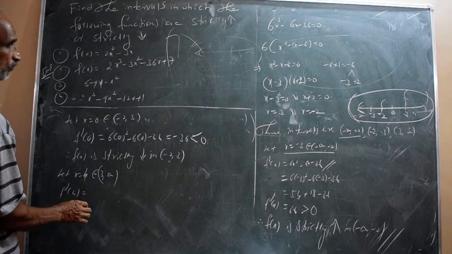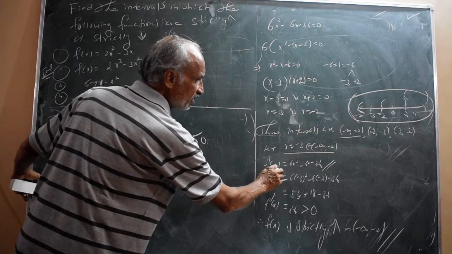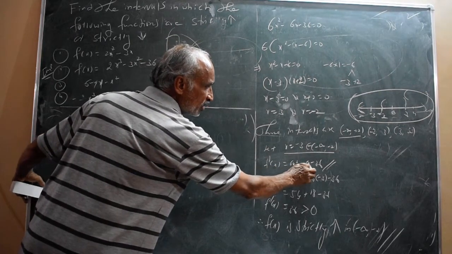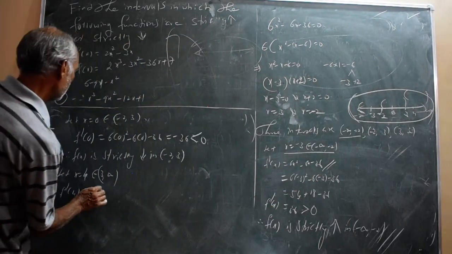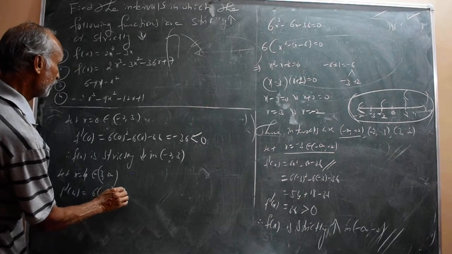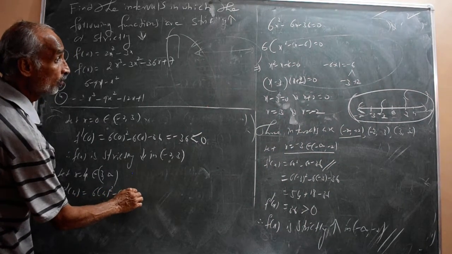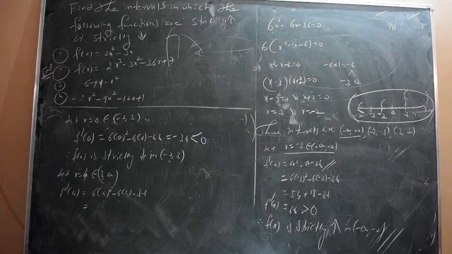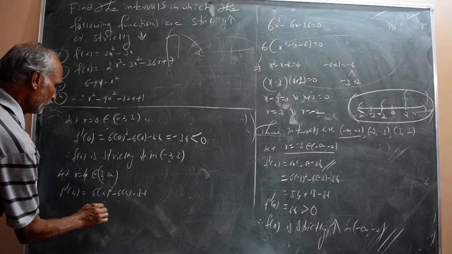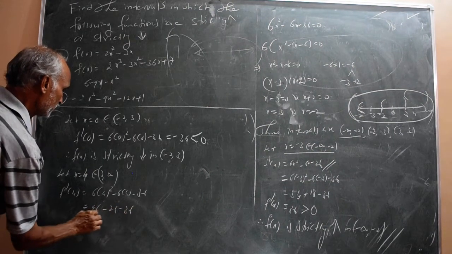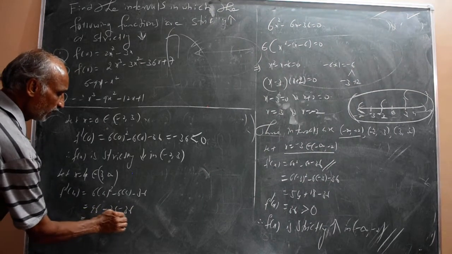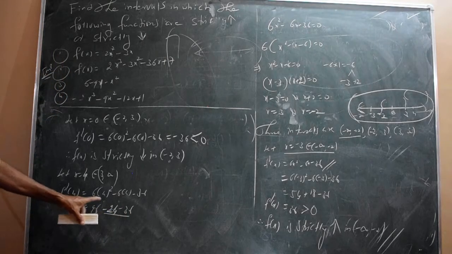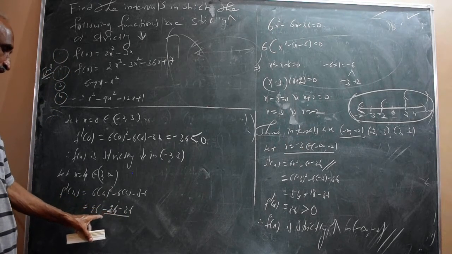Then f dash of 4 is what? f dash of x is 6x square minus 6x minus 36, and x is 4. 6 into 4 square minus 6 into 4 minus 36. 4 square is 16, 16 sixes are 96. Minus 24 minus 36. When both are minus, add and put the minus sign.